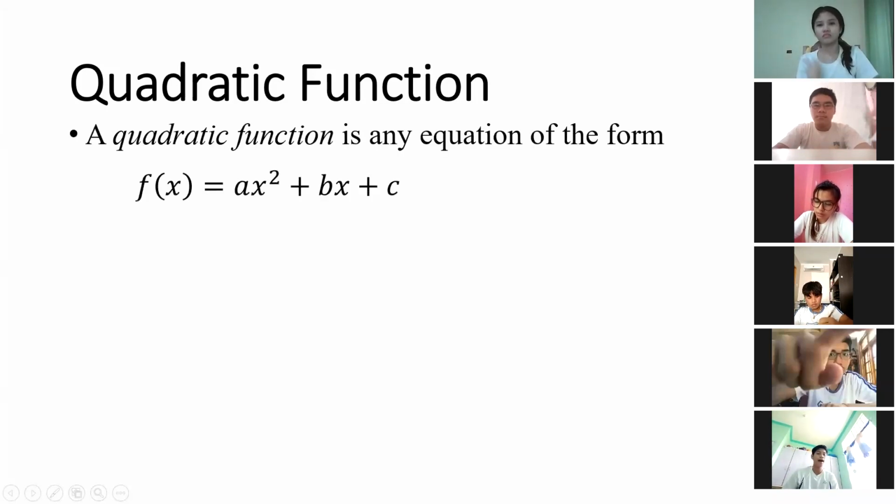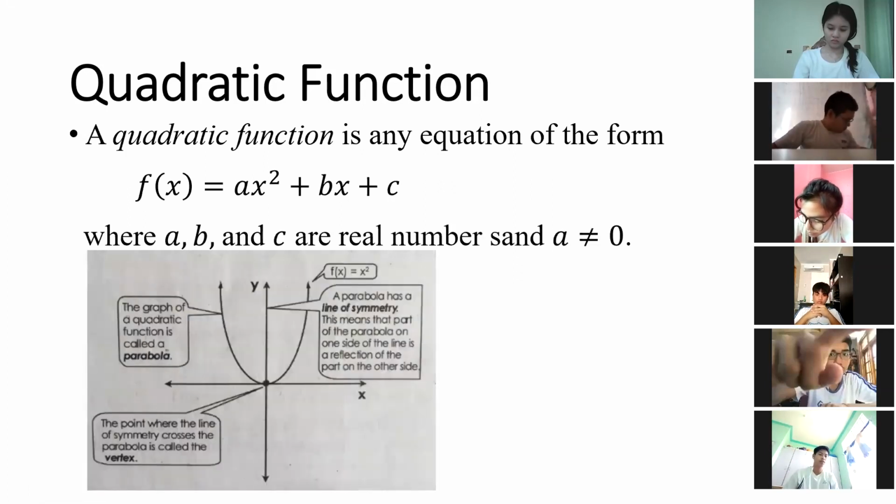A quadratic function will always have the highest degree of 2. Otherwise, if the exponent of x is equal to 1, then everything becomes a linear function. So a quadratic function is any equation in the form f of x equals ax squared plus bx plus c, wherein a, b, and c are real numbers, and a is not equal to 0.